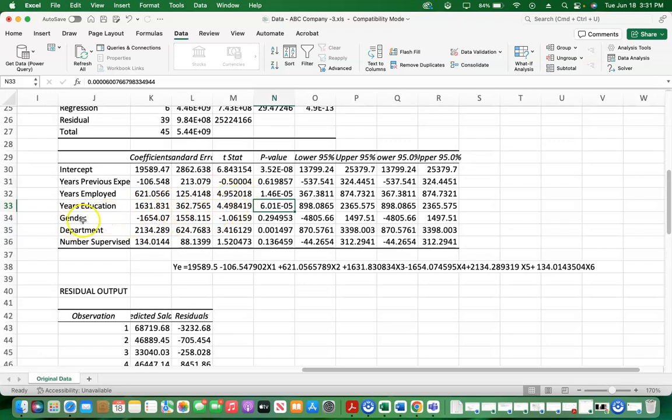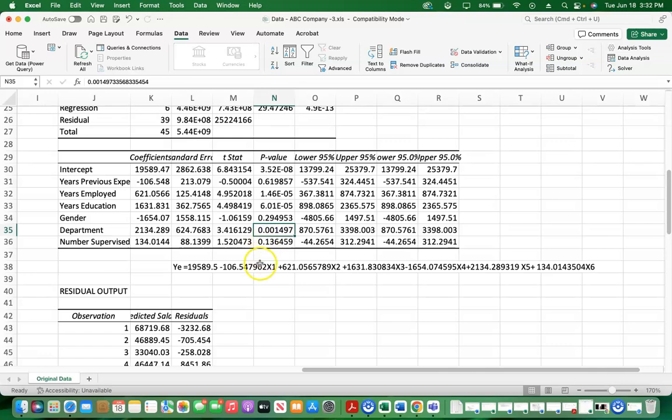Now let's look at the gender. We have minus, but you can see we have the probability value, which is 0.29, which is greater than the 0.05 significance level, and therefore gender is not significant in our estimation. Now let's see department.